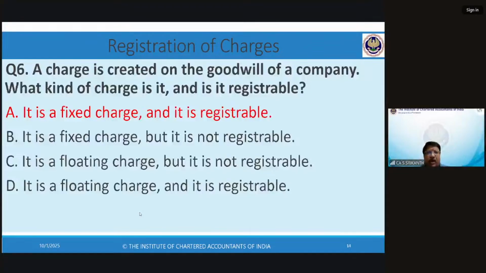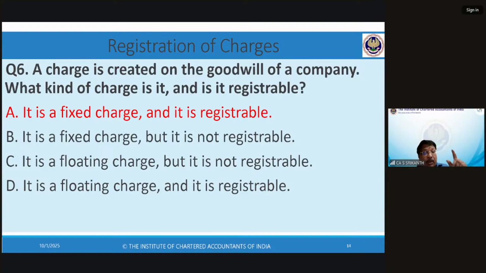But both of you are clear it is registrable. That means you still have a doubt on what is a fixed charge and what is a floating charge. Simple. If it is a specific asset and it is identified at the time of creation, it is fixed. If it is a class of assets which keeps changing in the ordinary course of business, are you able to understand? That's all. So goodwill doesn't change in the ordinary course.